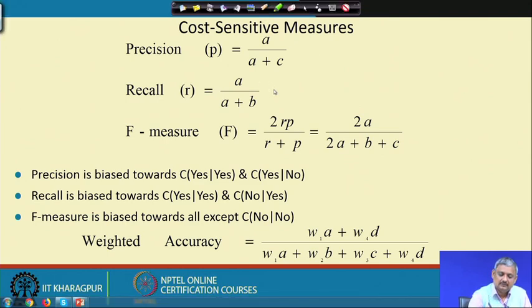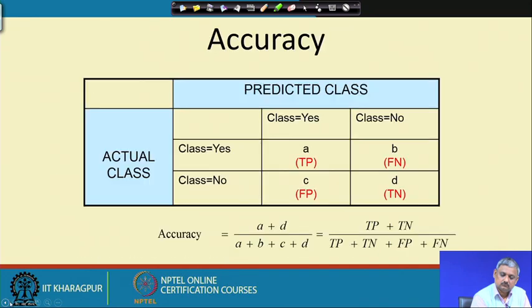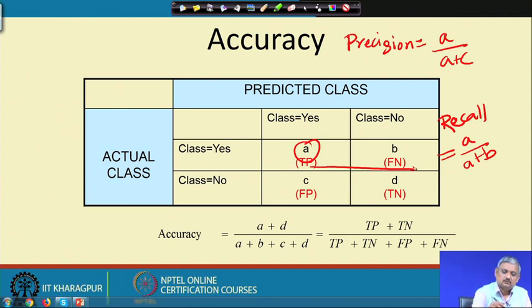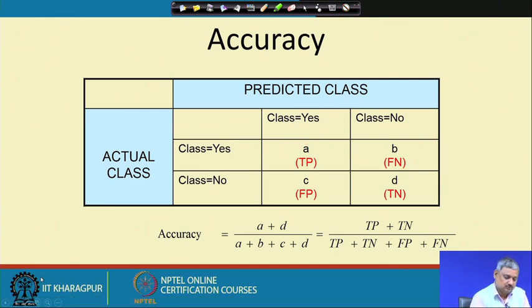Similarly, you have recall, which is A by A plus B. So, these are two measures commonly used.